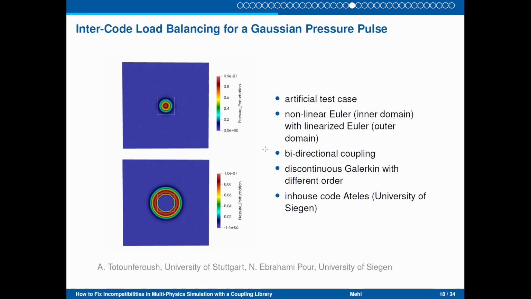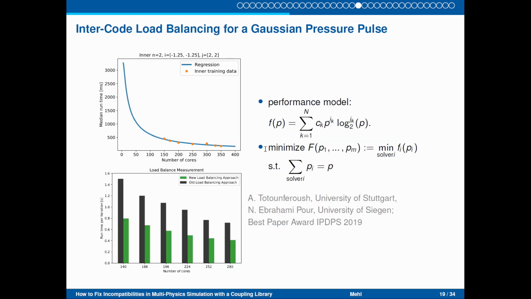If you do this in a heuristic way, you get some load balancing, which is kind of working but not optimal. We did this based on a performance model. So here's again some data and some learning. You set up a model, you decide which bases you take with a kind of binary search approach, and then you minimize an objective function, which is the runtime of the slowest component.